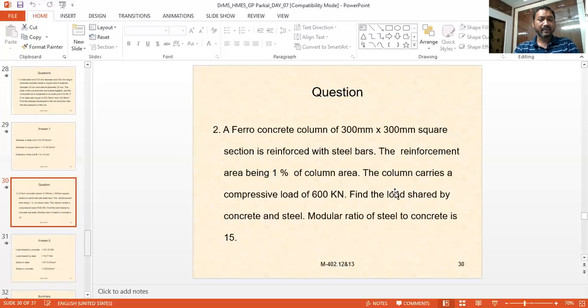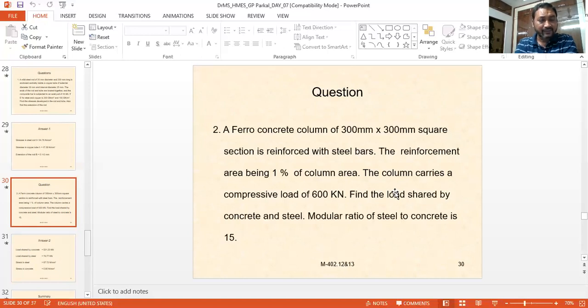The load is given, and here also one more thing is the modular ratio of steel to concrete, given as 15. This modular ratio is nothing but the ratio of the Young's modulus of the two materials. Because here the steel is there, concrete is there.